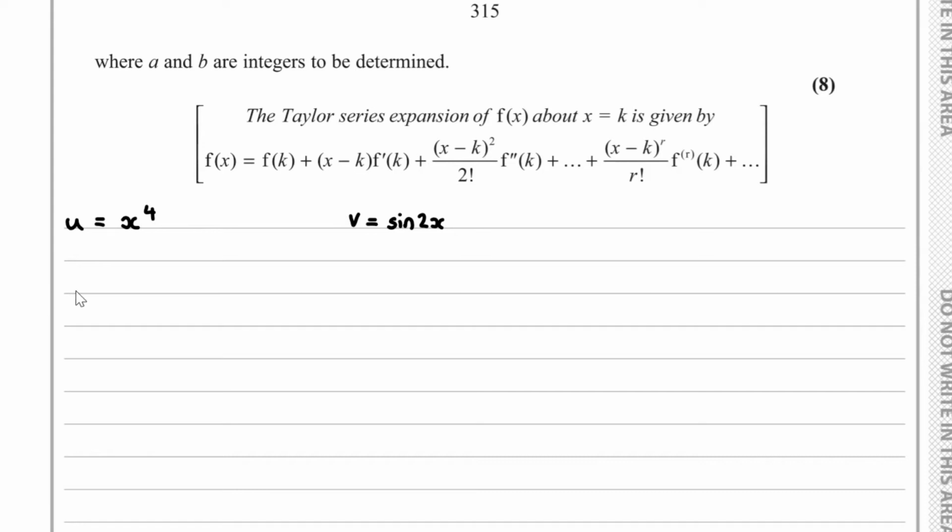Now the first derivative of u is 4x cubed, and the first derivative of v is 2 multiplied by the cosine of 2x. The second derivative of u equals 12x squared, and the second derivative of v equals minus 4 times the sine of 2x.